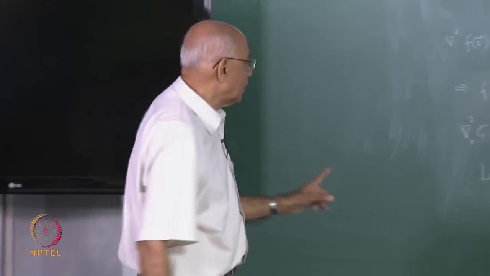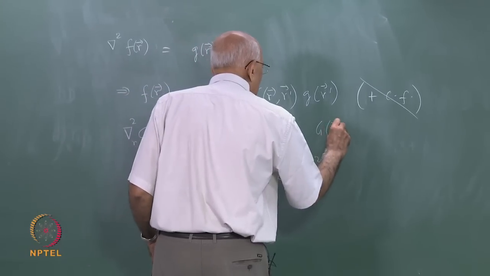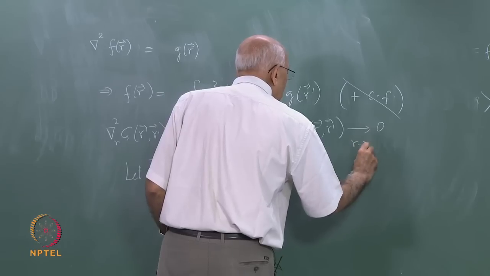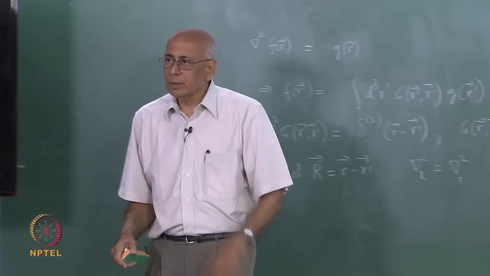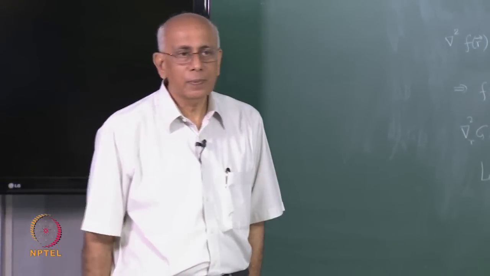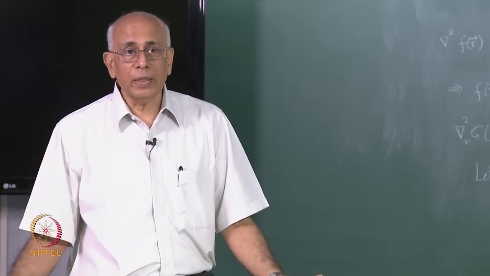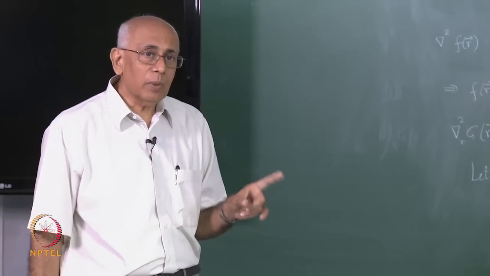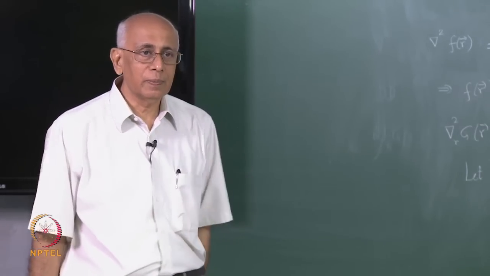In this problem, however, we are asking for a solution that goes to 0 as this vector goes to infinity. So as r goes to infinity, r minus r prime also goes to infinity for every fixed r prime. So in this problem with these natural boundary conditions, the boundary condition is also translation invariant.